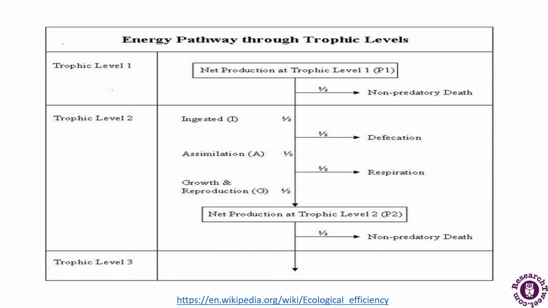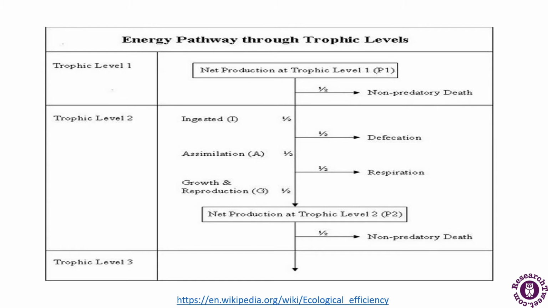Due to predatory death, egestion and cellular respiration, a significant amount of energy is lost to the environment instead of being absorbed for production by the consumers. The figure here approximates the fraction of energy available after each stage of energy loss in a typical ecosystem, although these fractions vary greatly from ecosystem to ecosystem and from trophic level to trophic level.